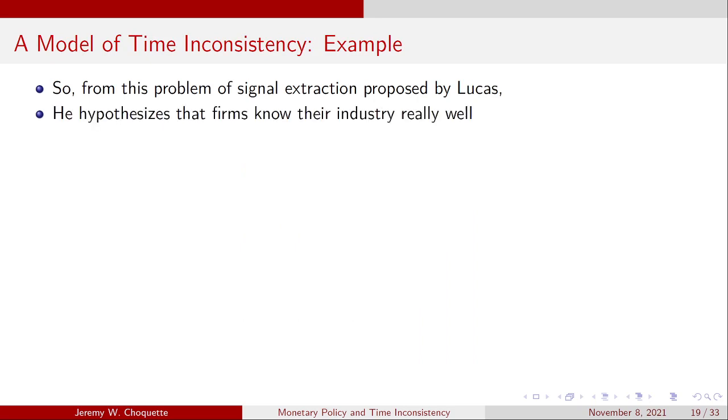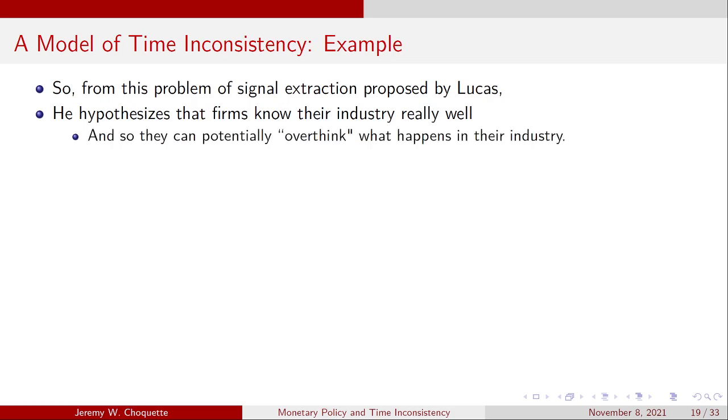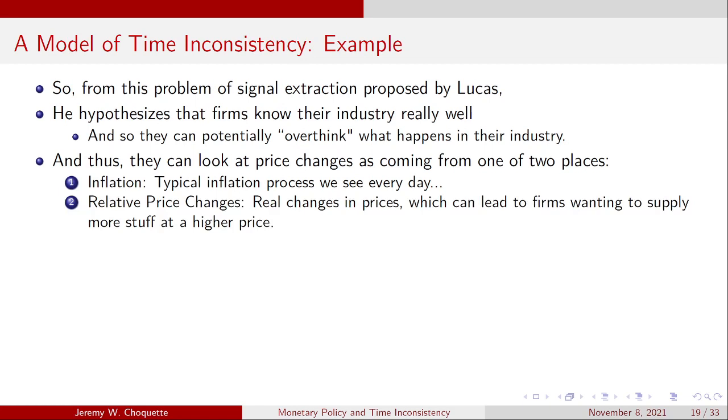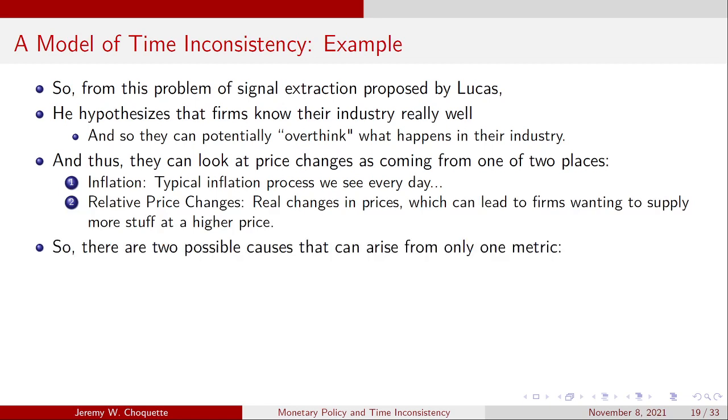So from the signal extraction problem, Lucas essentially hypothesized firms know their industry really well, and they can, granted, this is my wording, not his, they can potentially overthink what happens in their industry. Thus, they can look at price changes as coming from one of two places: inflation, the typical thing we see every day, or relative price changes, in which case there's like a real change in price, which leads to firms wanting to supply more stuff at a higher price.